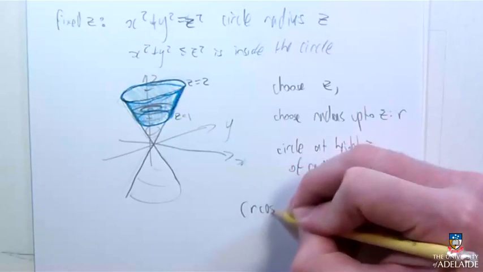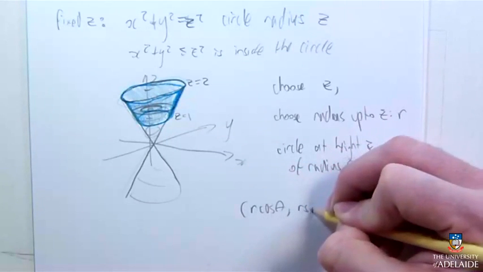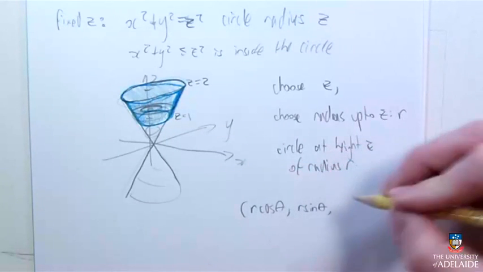So I'm going to have something like r cos theta, r sine theta, z.